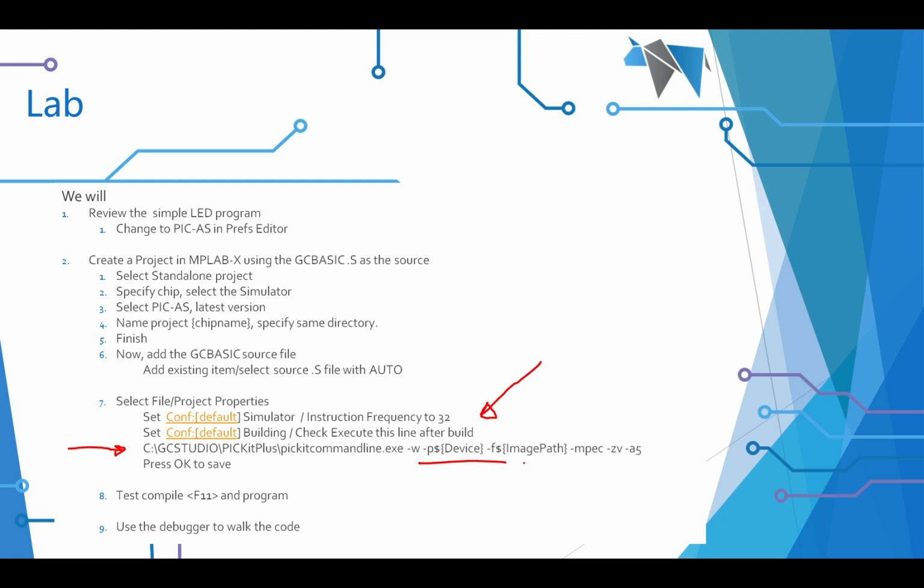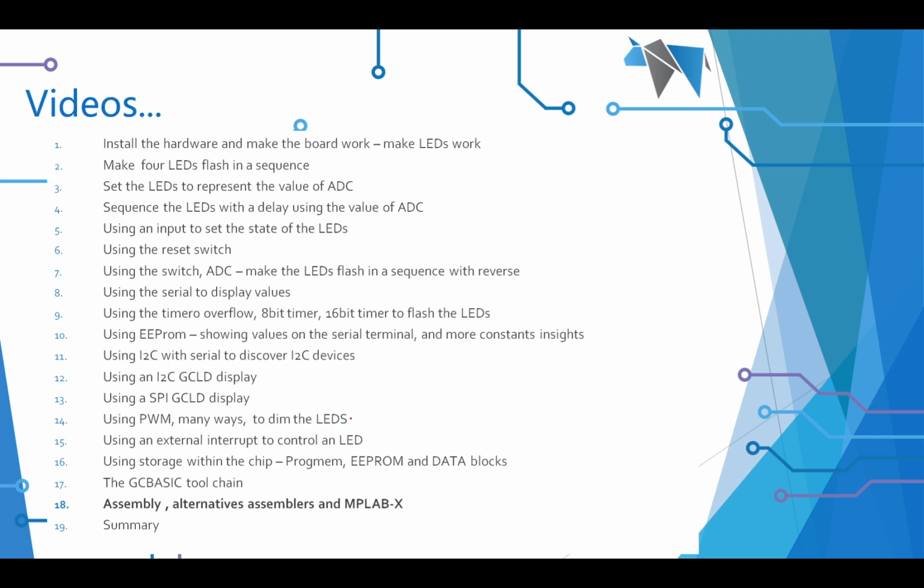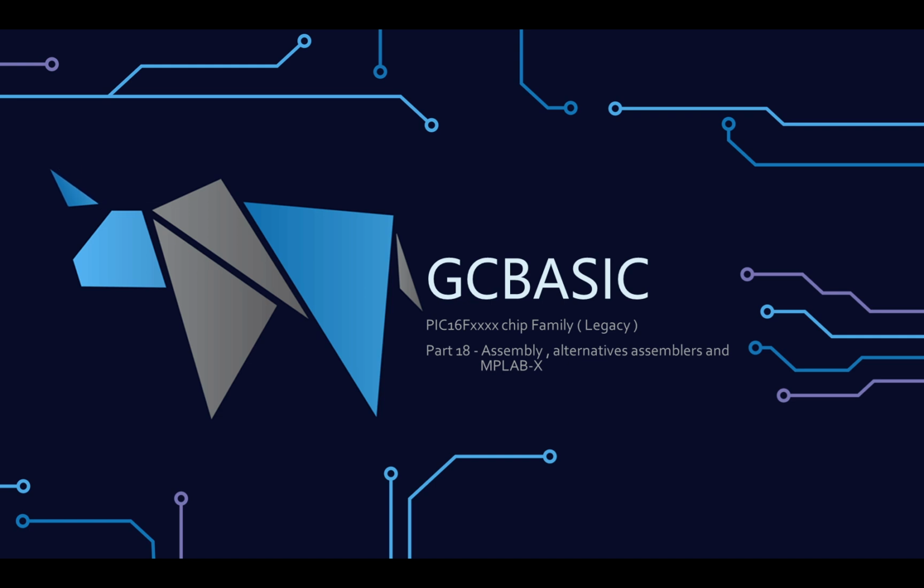And it does all the substitutions for you so that you can then just press function key F5 and your old PICkit2 will work. By pressing F11, you can debug it live. Great. That's what I wanted to show you. That is assembly files, alternative assemblers, MPLAB-X works. Enjoy.